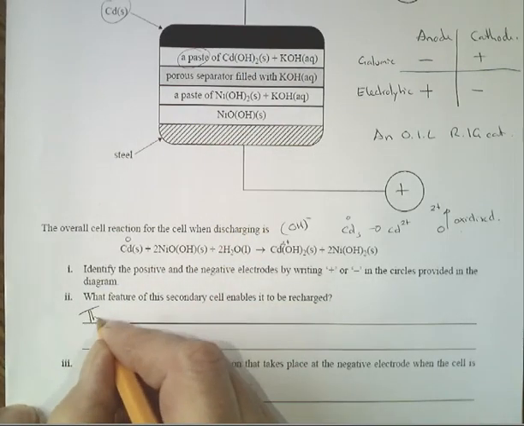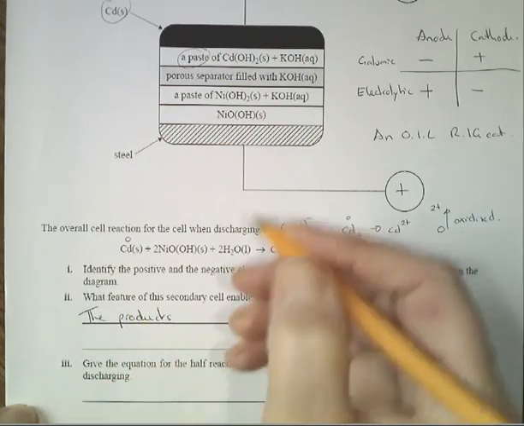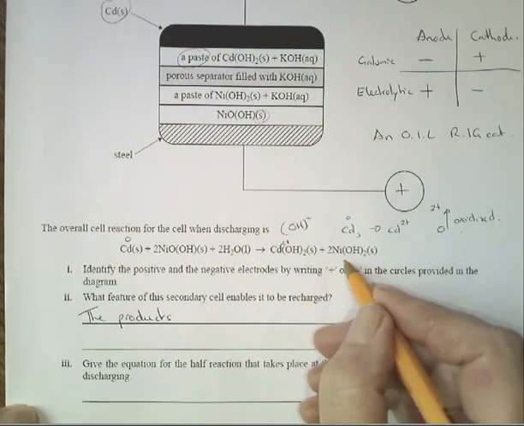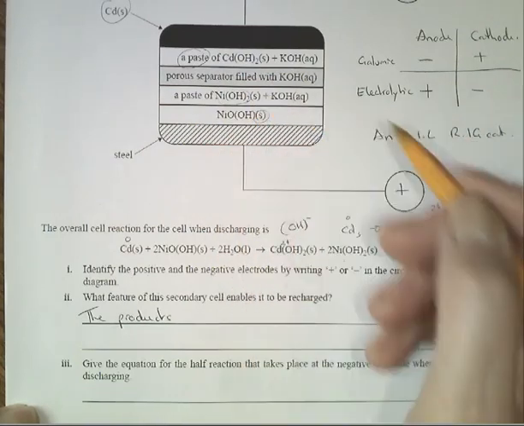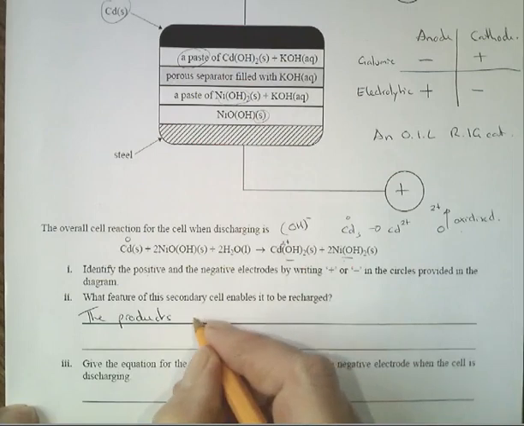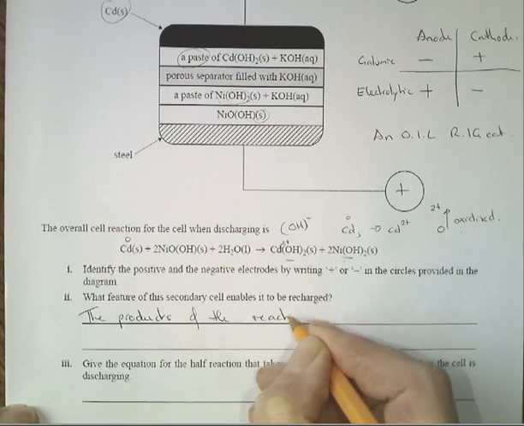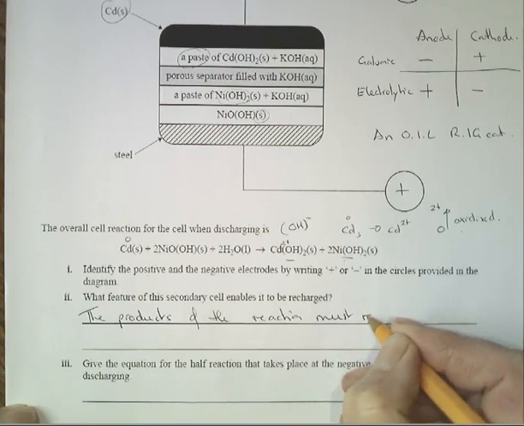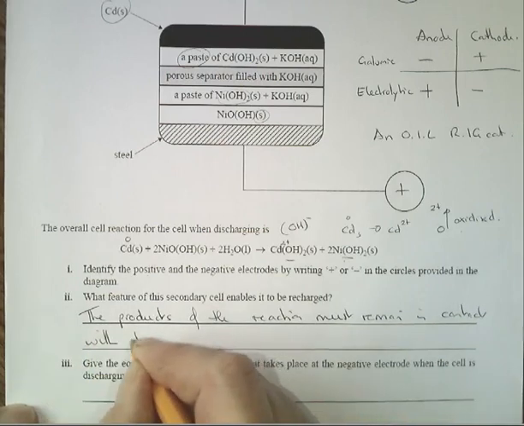The products of the reaction, this one has to coat it too, see it's a solid. The products of the reaction must remain in contact with the electrodes.